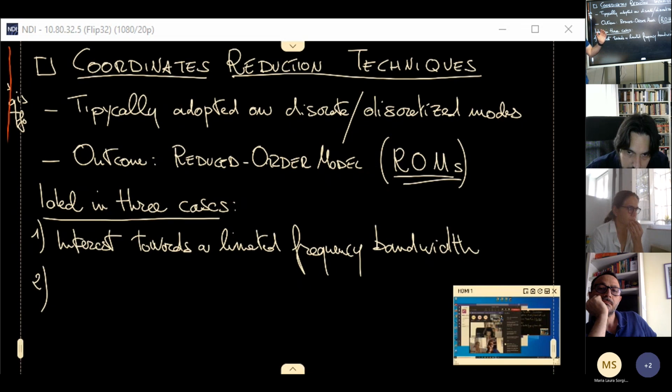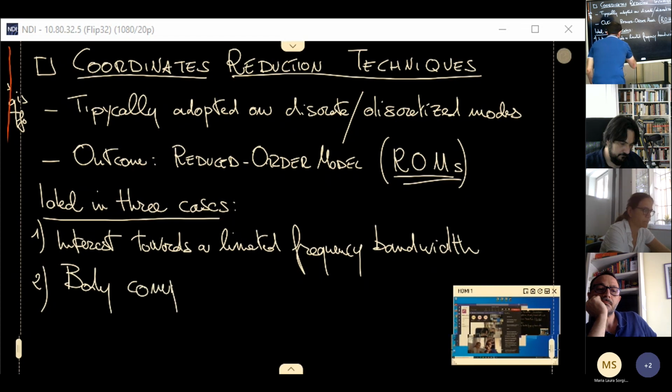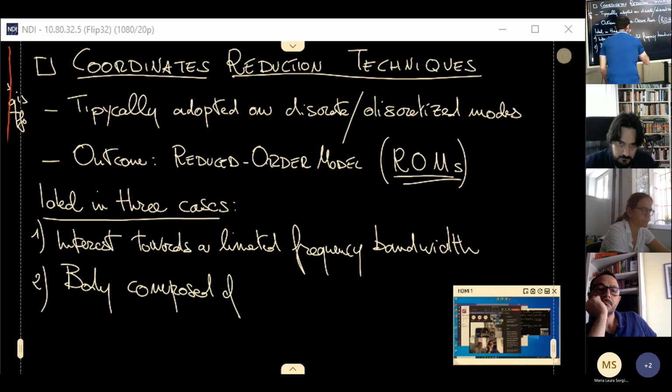Basically, one part is not very important, for example, a rigid element, and then we condense this element and the degrees of freedom which are associated with that element into a super element, which has a reduced number of degrees of freedom. A body composed of multiple parts.